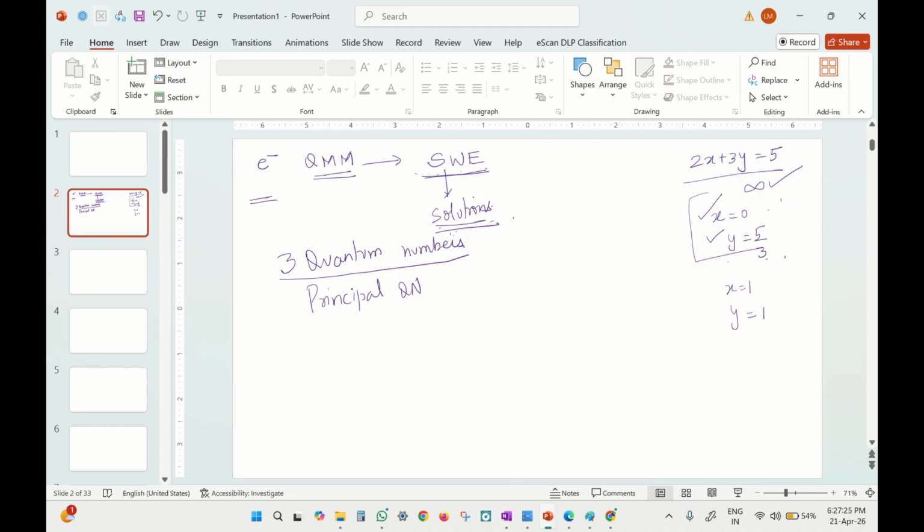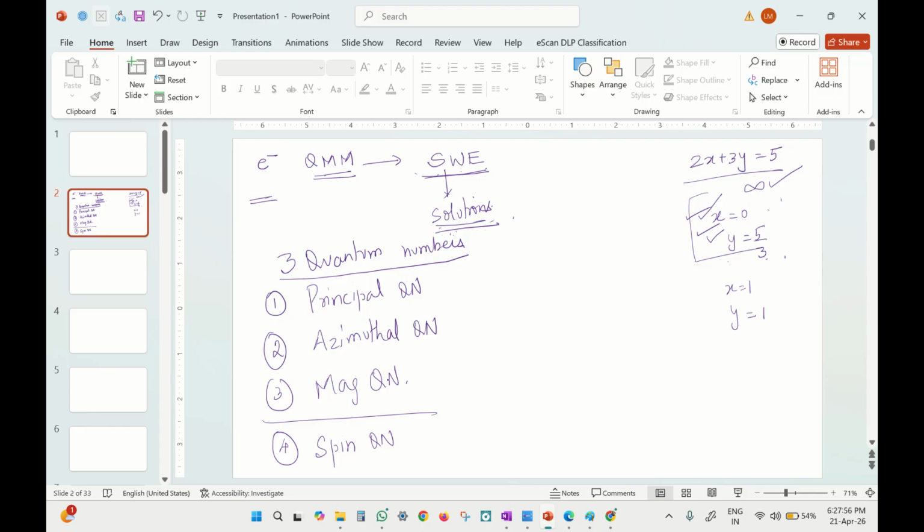Okay. Now the quantum numbers used here are, namely, number one, the principal quantum number; number two, the azimuthal quantum number; the third one is the magnetic quantum number. And we introduce the fourth quantum number from our side, which is called the spin quantum number, because we still wanted some more clarity regarding electrons.